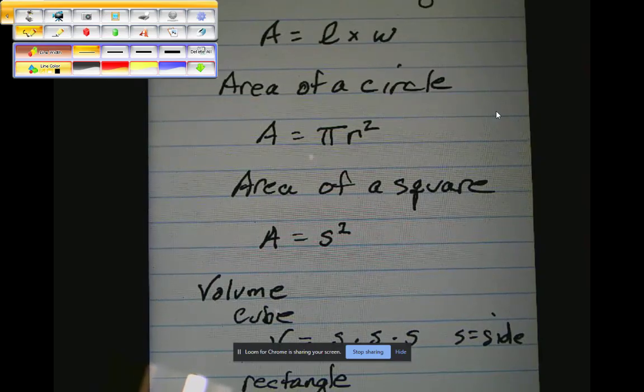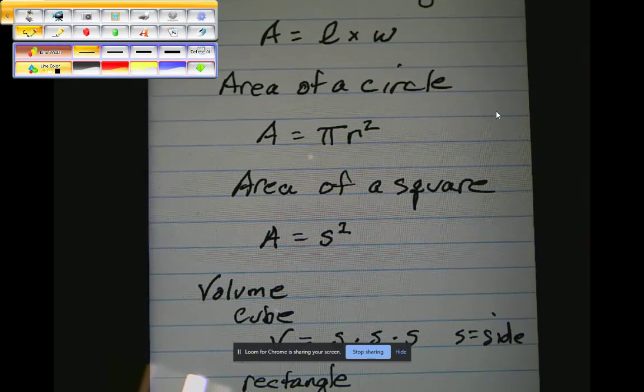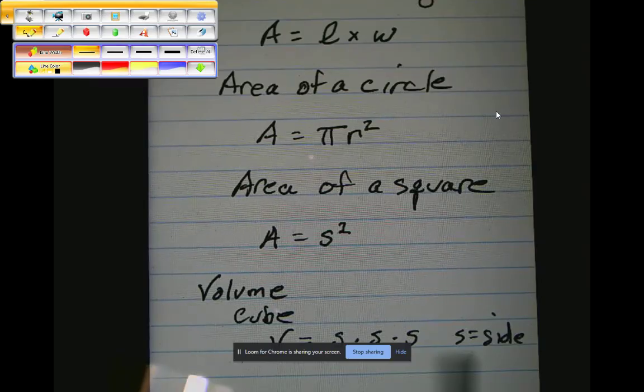So a cube has all the edges, all the sides, the same.